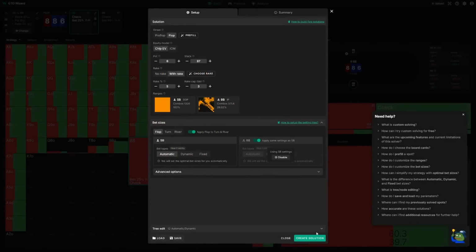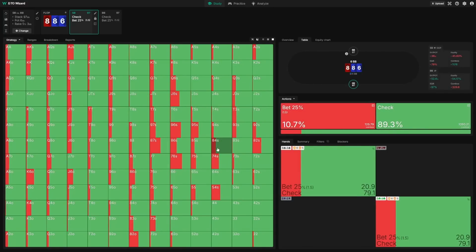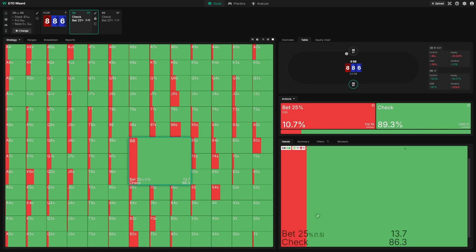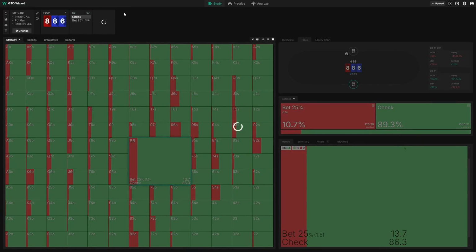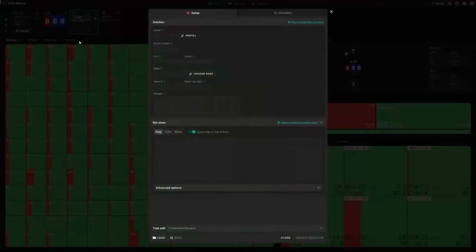Well, if we do that, we can see that 8-8 bets a lot less often, checking almost 90% of the time. The reason for this is that if our opponent believes we're weak, they're more likely to bet when we check to them. And therefore, your strong hands have more incentive to check because they want to get bet into, right? And you can do the opposite experiment as well.